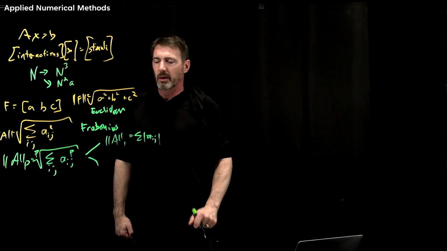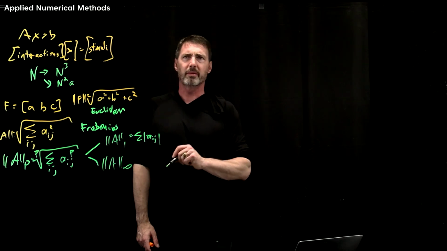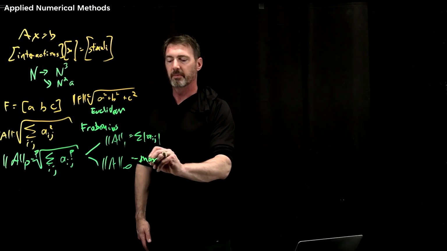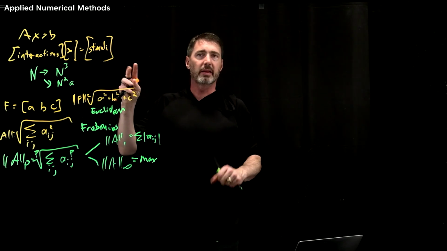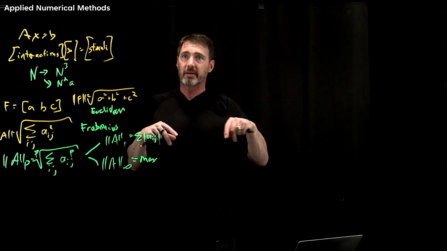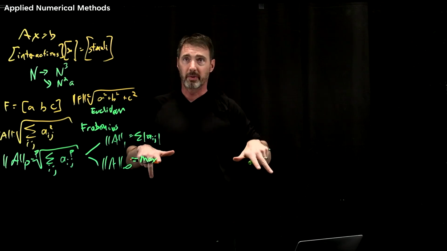Okay, and then the other one is the infinite norm. And so you have to think to yourself, what the heck is infinite? Well, effectively, this is just going to give you the maximum, right? So if you take matrix A, and let's say there's a really large number in A compared to all the rest of them. If I square that large number, that square is going to be really big compared to all the rest of the squares.